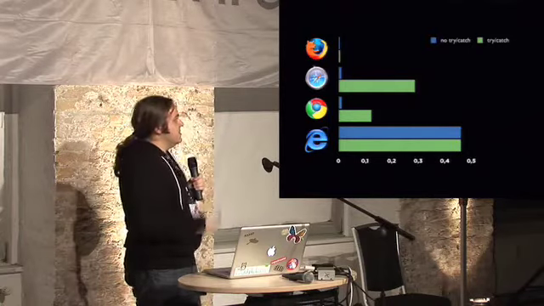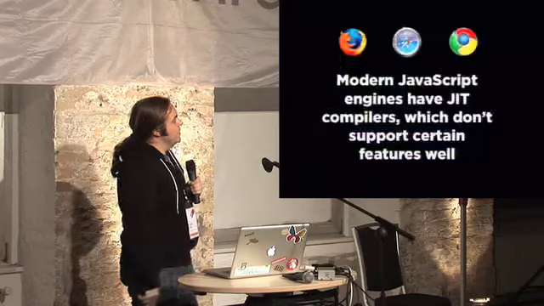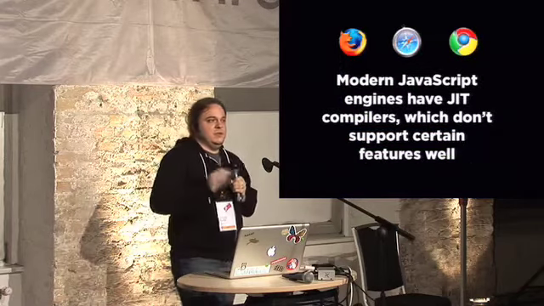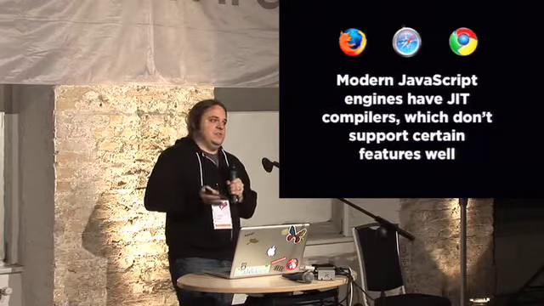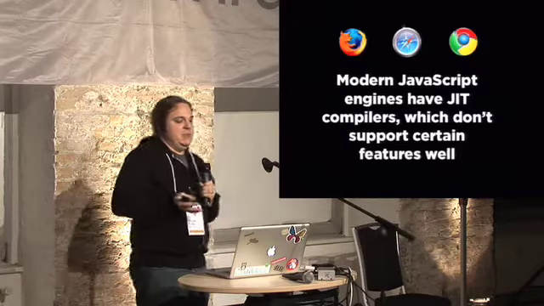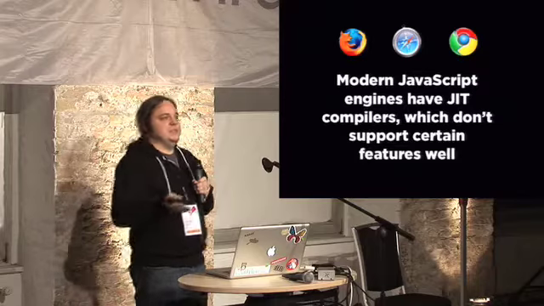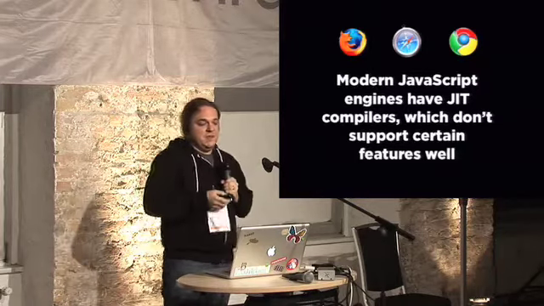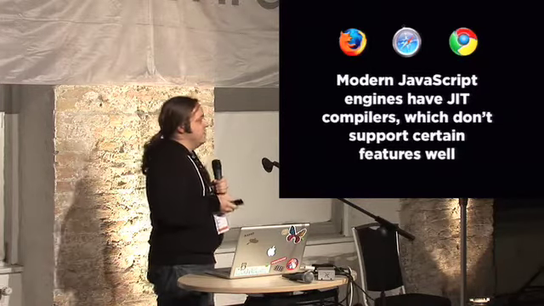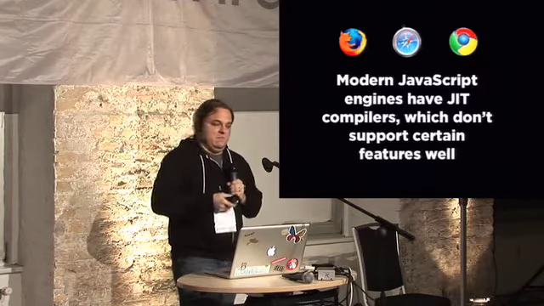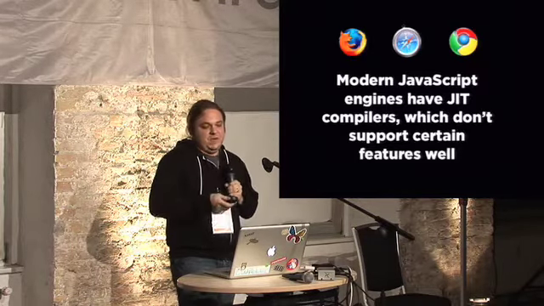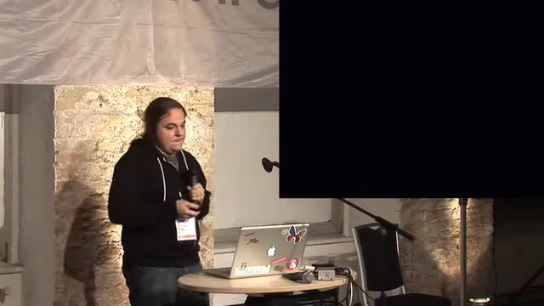The answer to this is relatively simple. The browsers where there is a difference are the modern JavaScript engines that have just-in-time compilers and do a lot of optimization on your code, translating it to native code in most cases. But certain features are not supported by them very well. Among them, try-catch and the with statement.